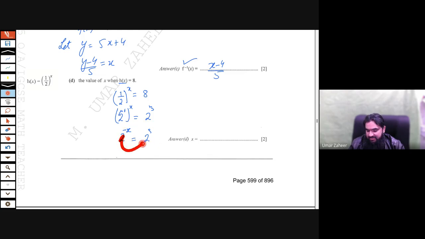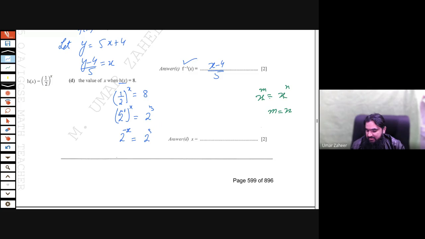The bases are the same, so we conclude using this identity: x power m is equal to x power n. The bases are the same, they are equal, so we can conclude that m is equal to n as well.